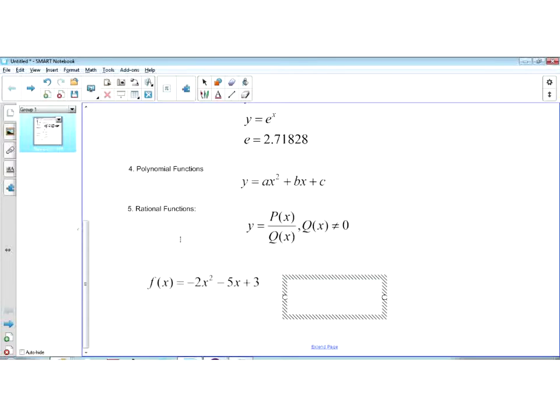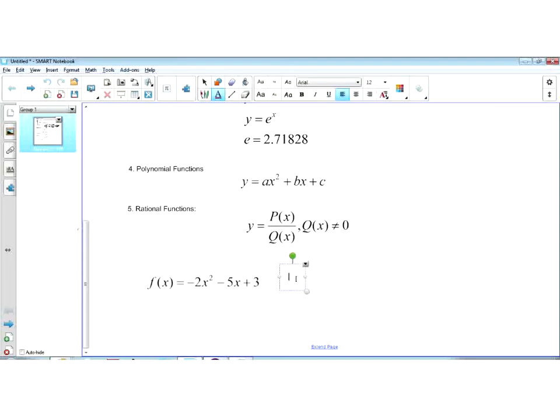So we start off by considering, where does this graph exist? Well, since this graph is a polynomial, note that polynomials exist on the entire x-axis. So there are no restrictions.